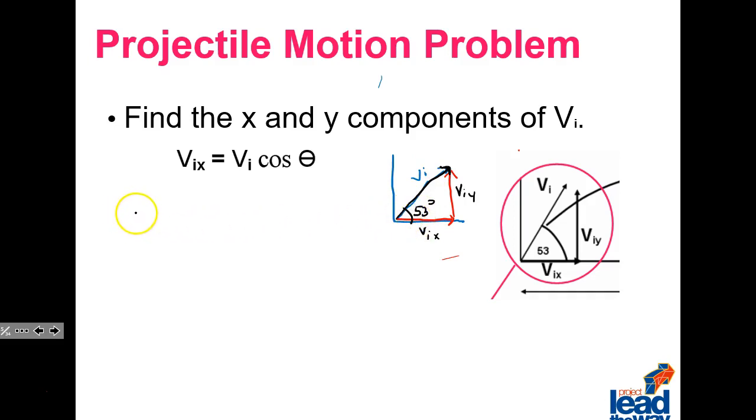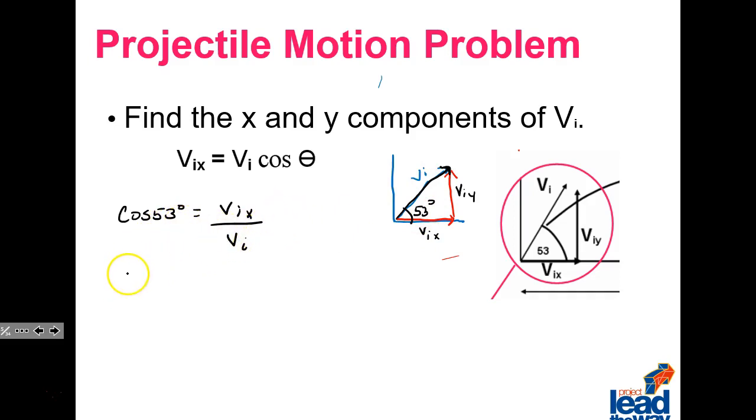So we would say that since it's adjacent, cosine of 53 degrees is equal to the component VIX, the adjacent side of the triangle to the 53 degree angle, divided by the hypotenuse, which is VI.